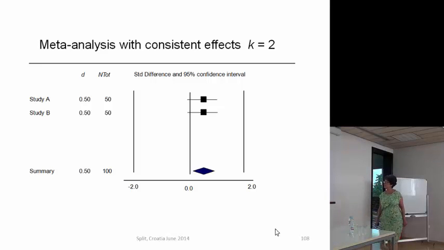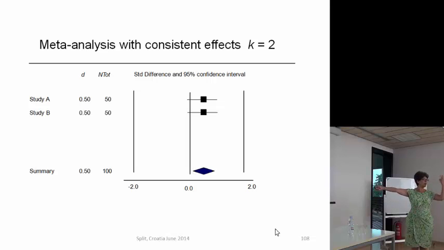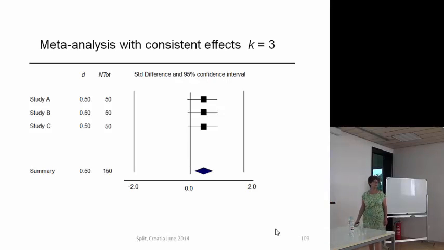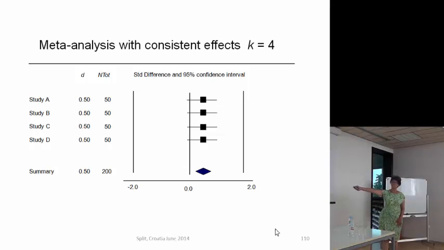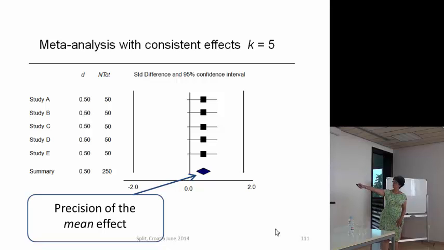We add a study. Same exact results, miracle of miracles, same sample size, the study looks the same, but if we now look at the summary, we have a meta-analysis of two studies. The mean effect is the same, but the precision of the estimate, the confidence interval around the effect, has shrunk. 3 studies, 4 studies, 5 studies.